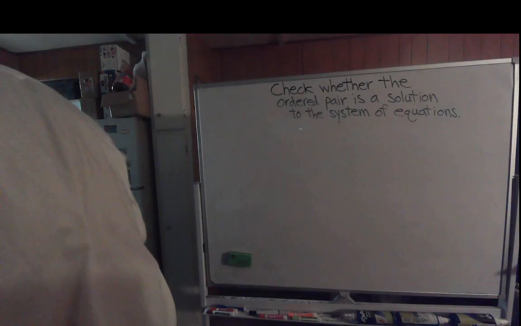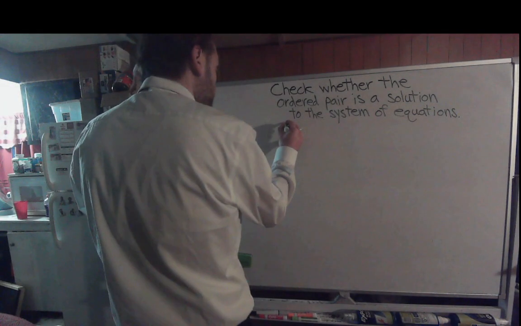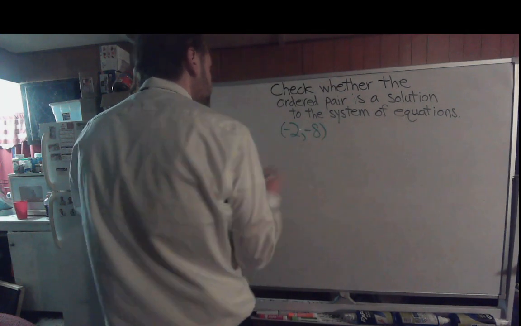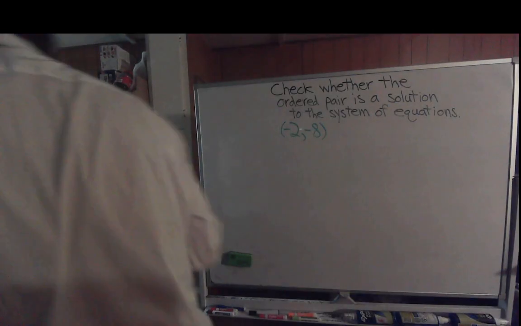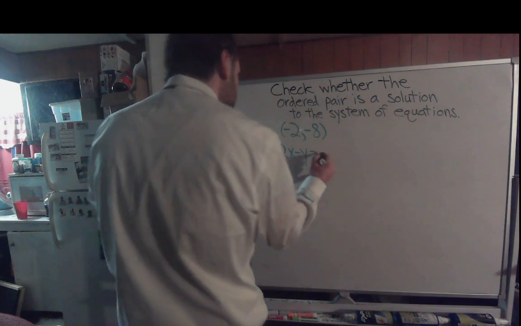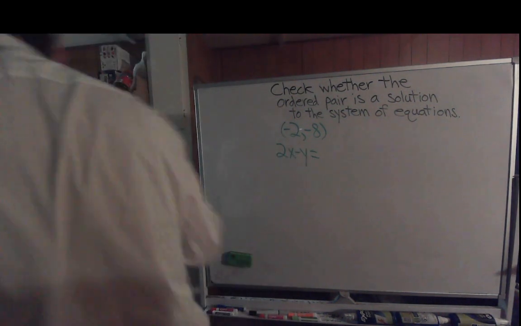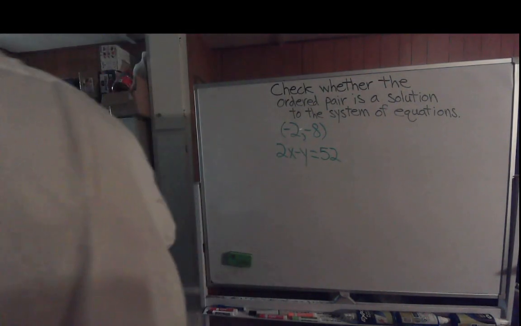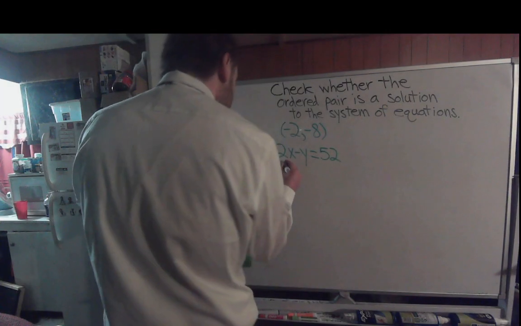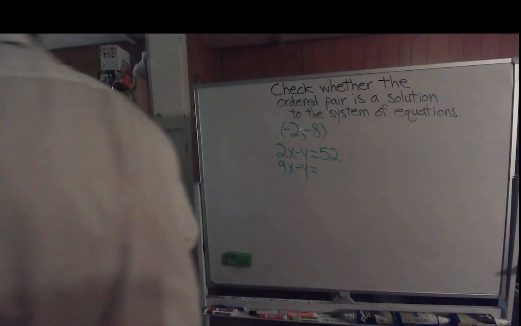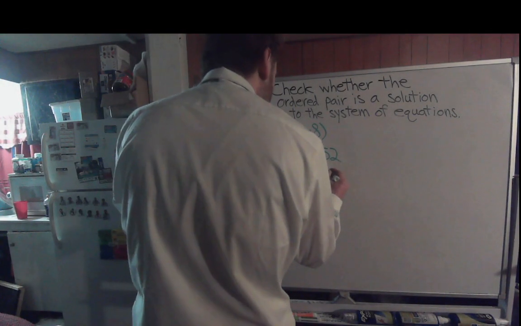All right. How about the point (-2, -8)? Is that a solution to the system of equations 2x minus y equals 52, and then 9x minus y equals -10?